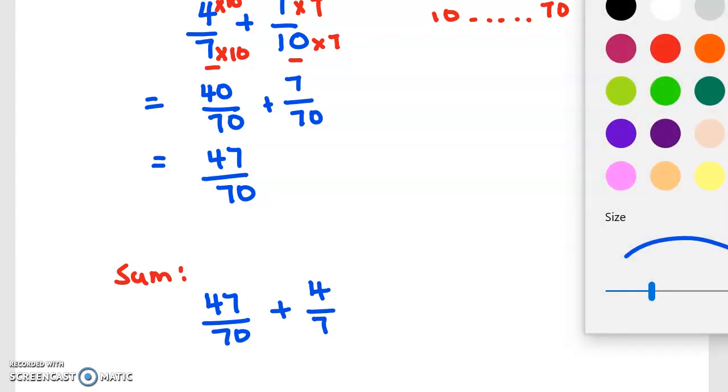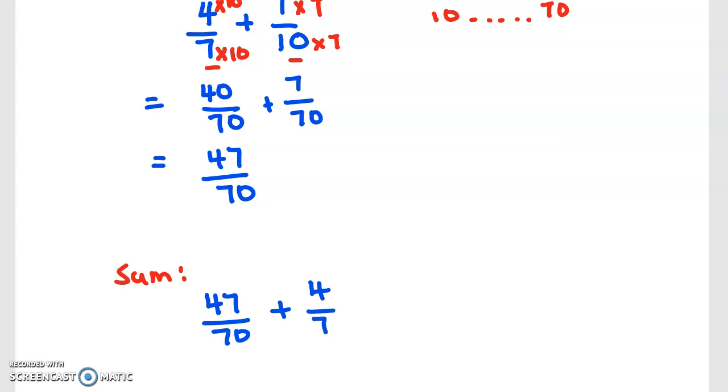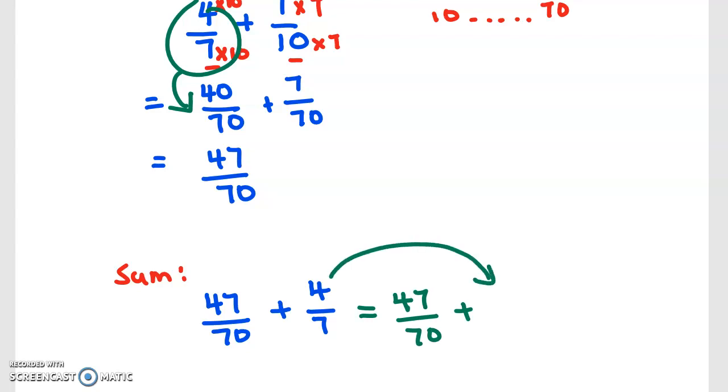Now we do not have to recalculate this because remember, 4 out of 7 is the same as 40 out of 70. So we can easily write that down: 47 out of 70, and this 4 out of 7 is the same as 40 out of 70.